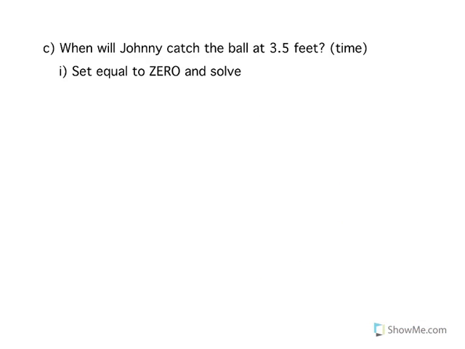So let's look at another example, the next part of the question. This says, when will Johnny catch the ball at 3.5 feet? So we go back to this picture that I drew before. We've got two people. The one is throwing the ball from about 3 feet. That was the initial height.